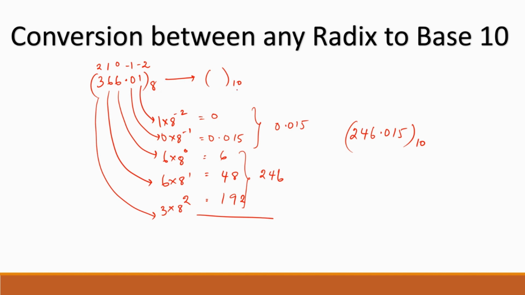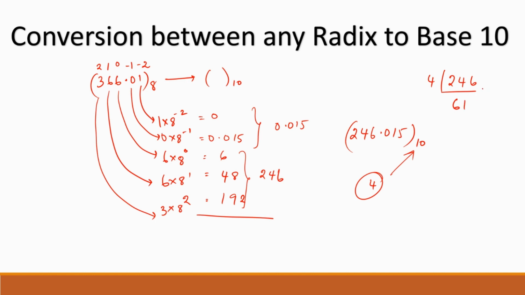Base 8 is the octal system, it is very famous, but say we have some arbitrary radix, say base 4, then what do we do? If I want to convert from decimal to base 4 and base 4 to decimal, even then we need to apply the same steps. If I want to convert this decimal number into a base 4 number, I have to divide this integer part by 4.